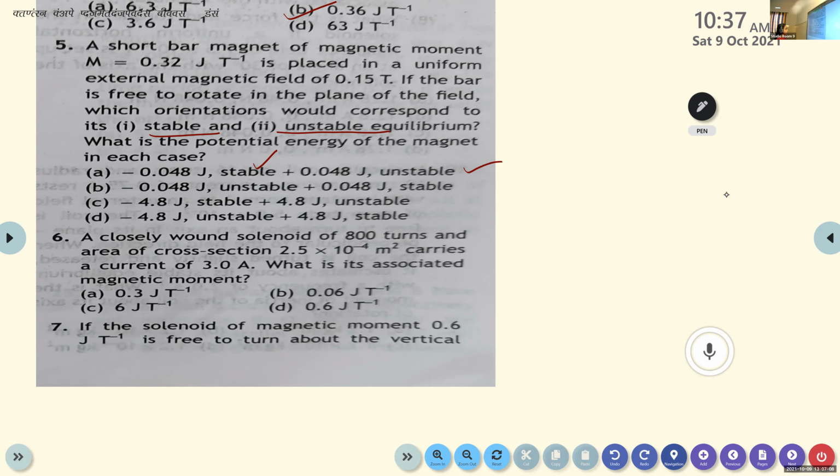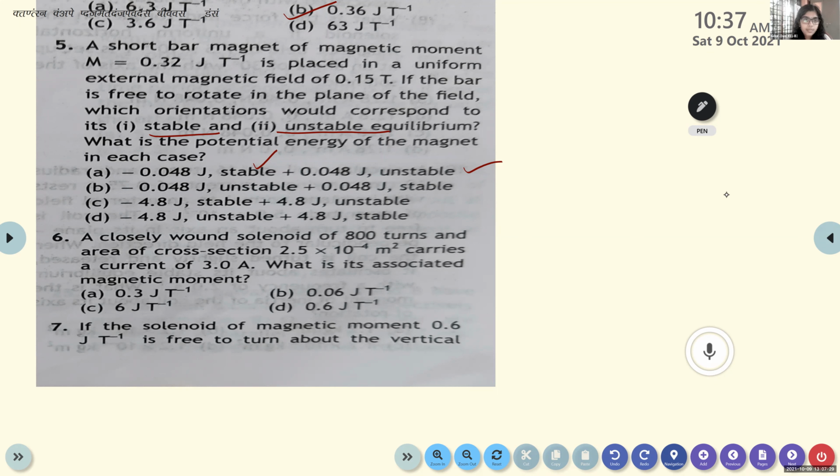Then listen here. A closely wound solenoid of 800 turns and area of cross section 2.5 into 10 raised to minus 4 meter square carries a current of 3 ampere. What is its associated magnetic moment? What are the parameters given? Unmute and say.